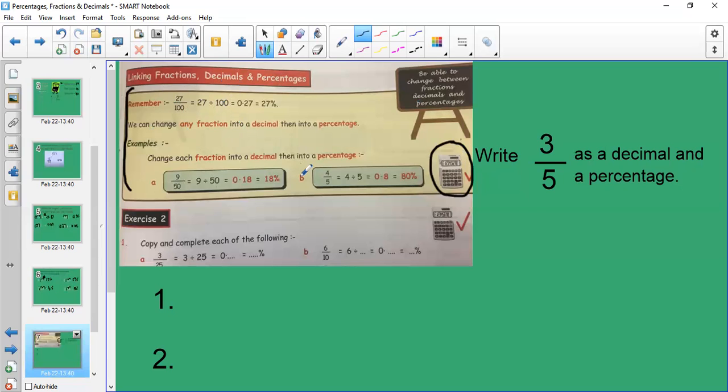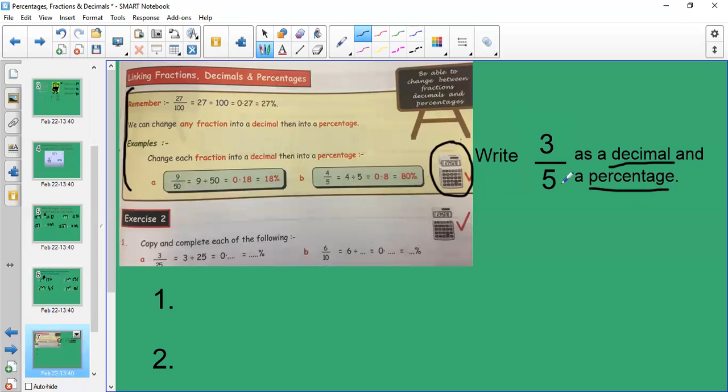Now, if you have got a fraction like 3/5, and you want to change that into a percentage, or you want to change it into a decimal, you have to follow these steps. Write 3/5 as a decimal first and then as a percentage.